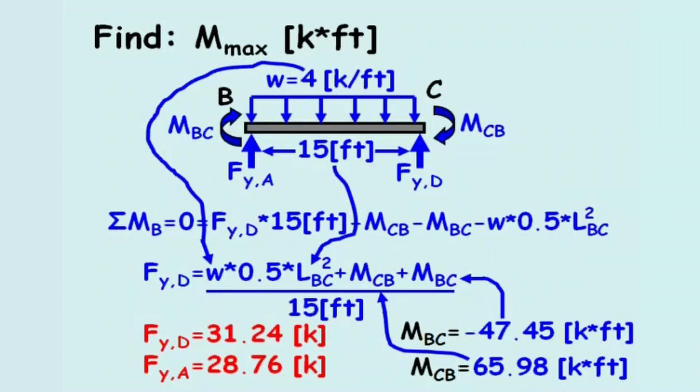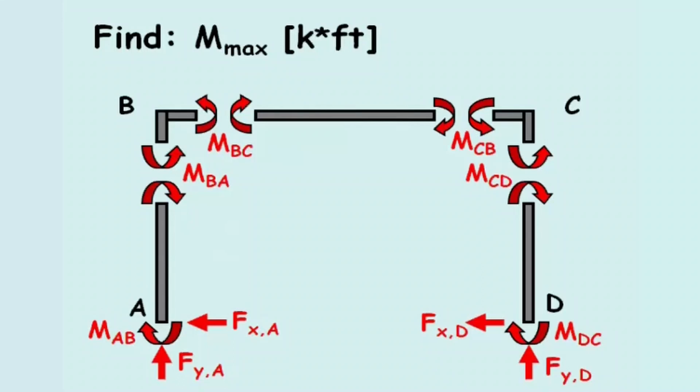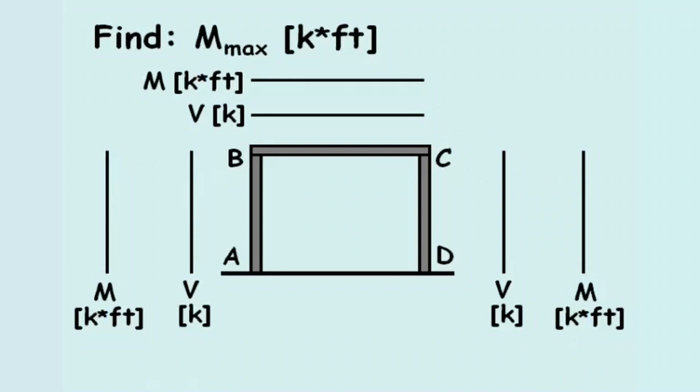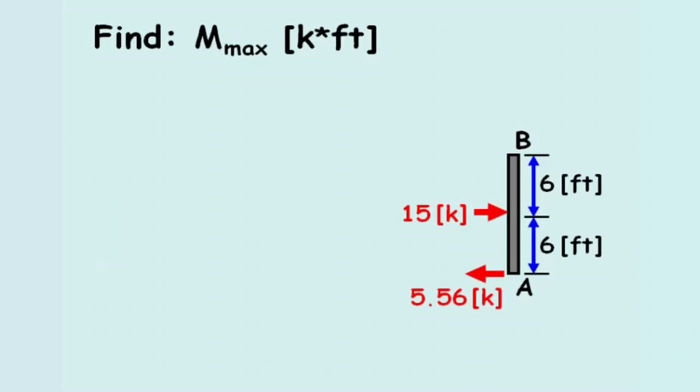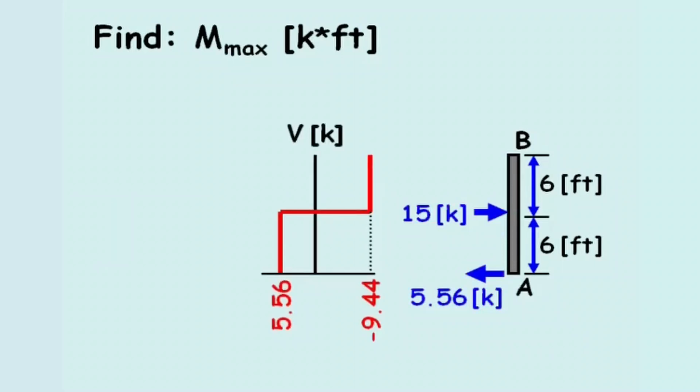At this point, we know the reaction forces, the reaction moments, and the intermediate moments in joints B and C. Therefore, we're ready to begin constructing the shear and moment diagrams for each beam. If we begin with beam AB, draw out a free body diagram, and then add the horizontal load and reaction force, the shear profile along AB is drawn out.